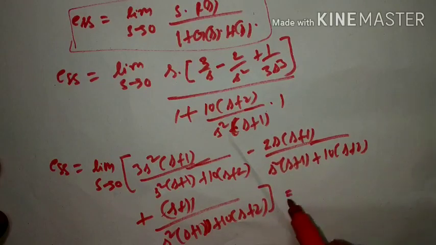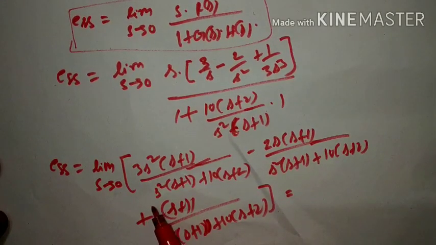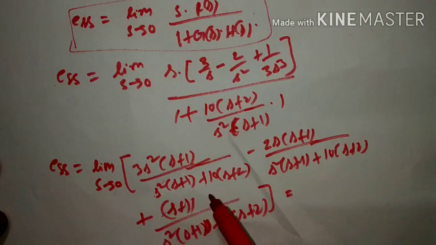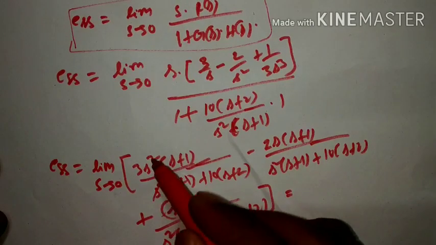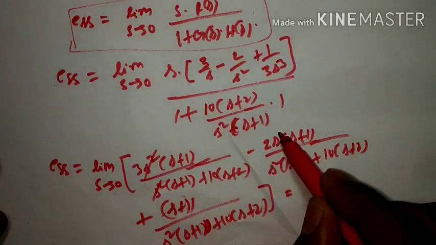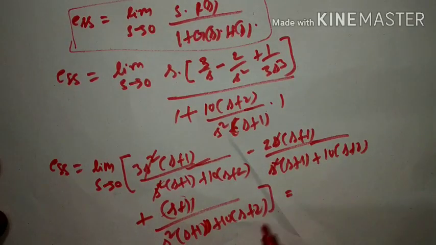Okay, you substitute. So what happened? If you substitute s tends to 0, the s square gets cancelled. Here also 1 s is there, here also s square, so 1 s.